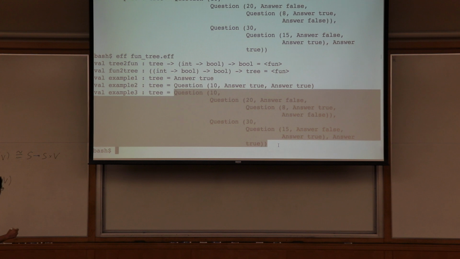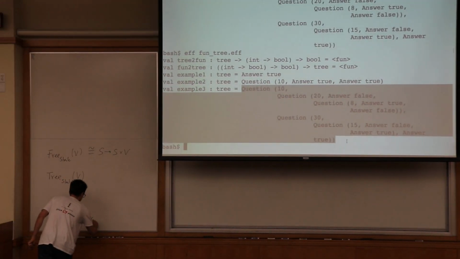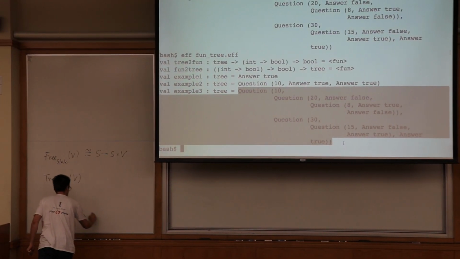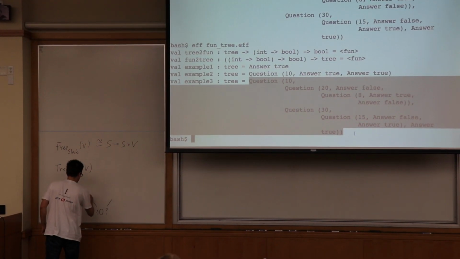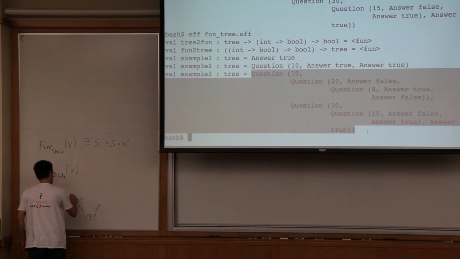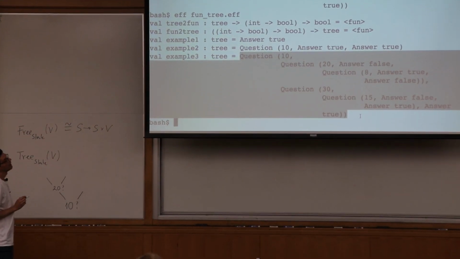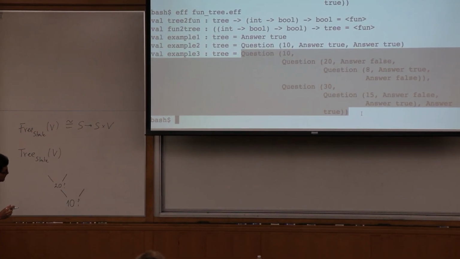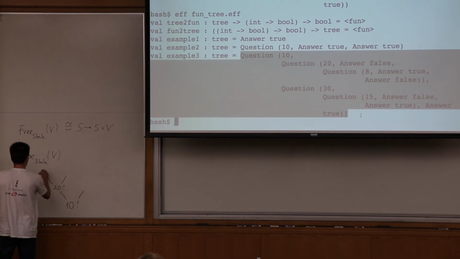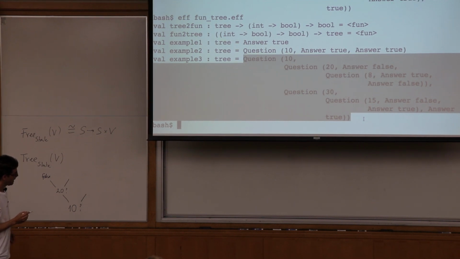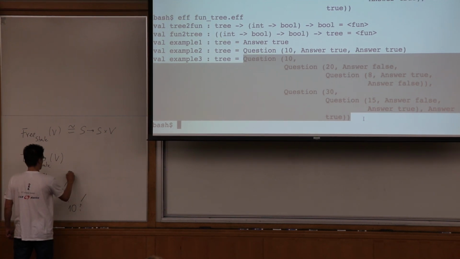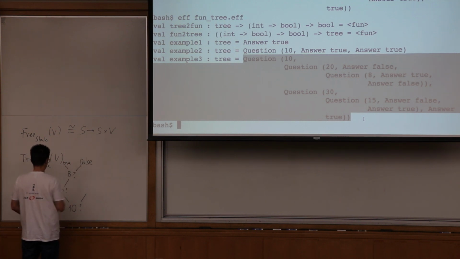So I start by asking 10. And then there's true and there's false. And the first one says, ask 20. And there's true and there's false. And then in case it's true, this one is false. But here we continue and we say 8 and then true and false.